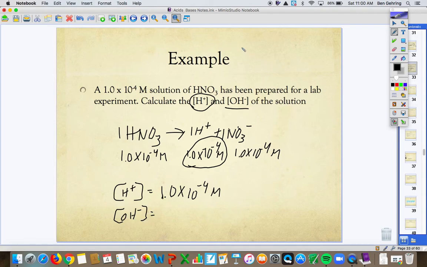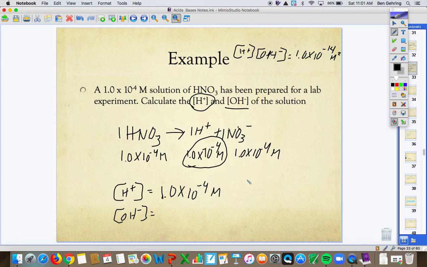Remember we talked in the last slide that if I take H plus times OH negative, I'm going to get 1.0 times 10 to the minus 14. Unit-wise, this is molar squared, but that's not super important at this point. So we have concentration times concentration equals this.